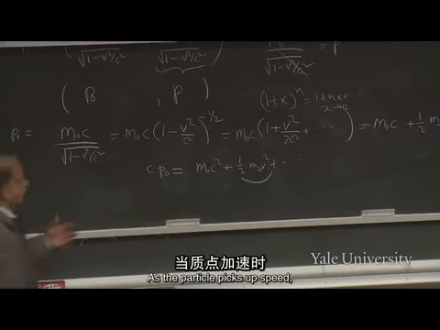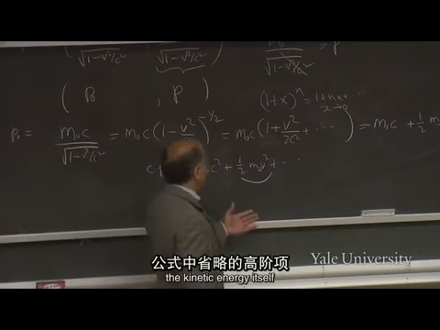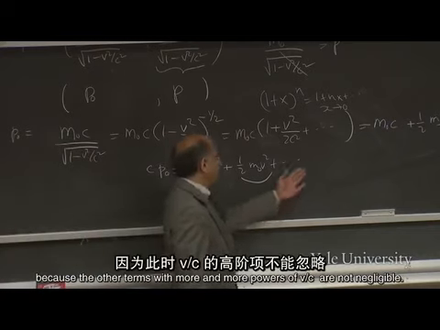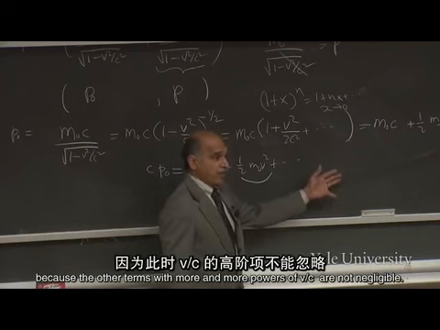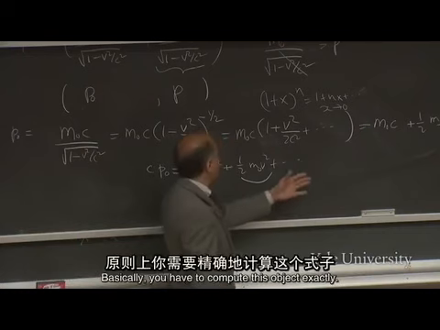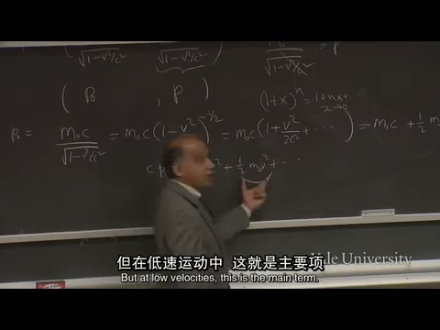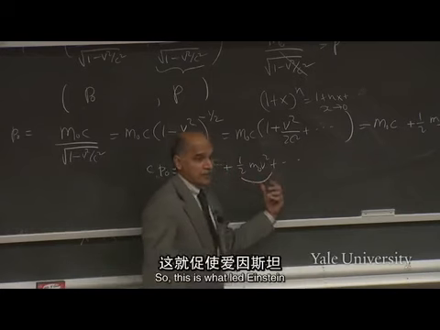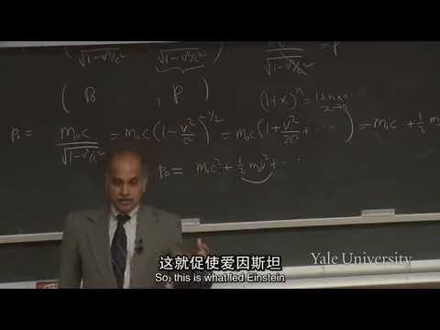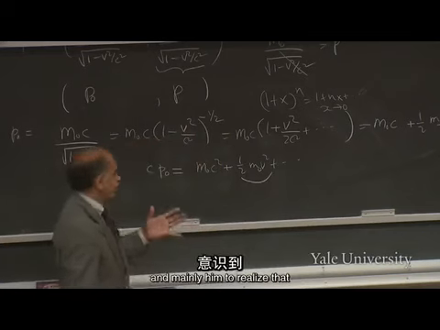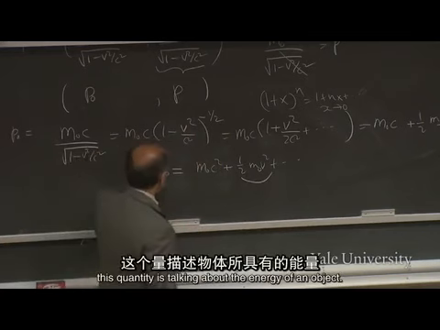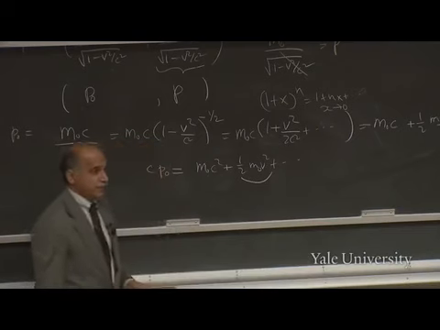As the particle picks up speed, the kinetic energy itself receives more corrections because the other terms with more and more powers of v over c are not negligible. You've got to put them back in. Basically, you have to compute this object exactly. But at low velocities, this is the main term. So this is what led Einstein, and mainly him, to realize that this quantity is talking about the energy of an object.